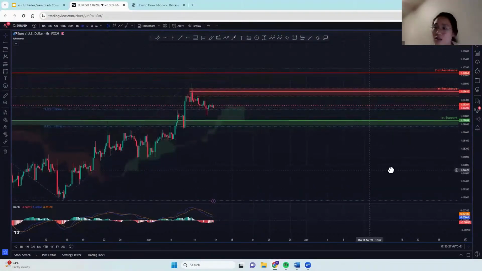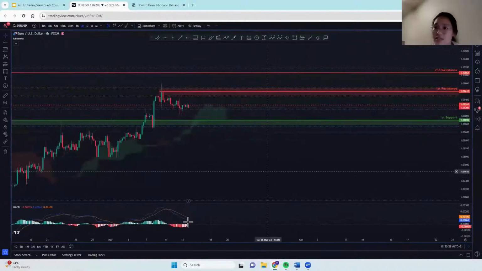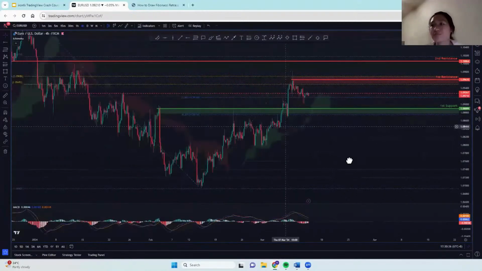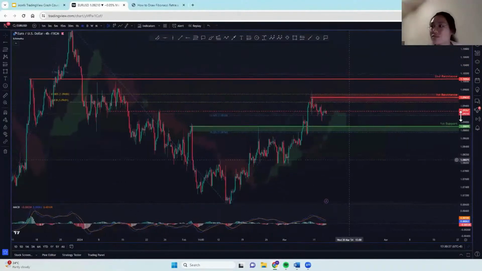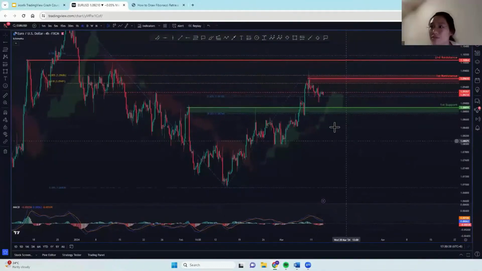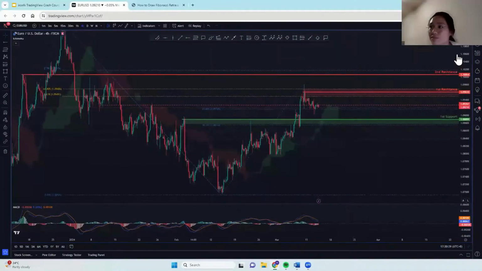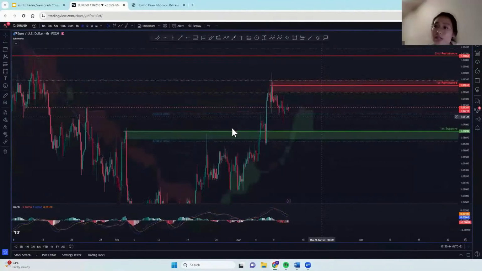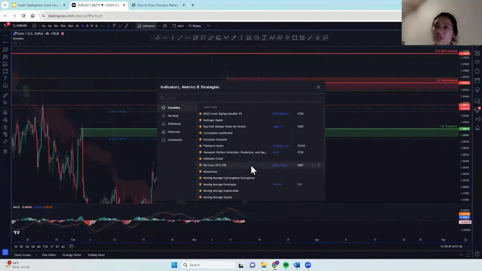On our MACD, it's giving us a bearish signal, but on our Ichimoku, it's giving us a bullish signal here. So when this happens, that's the reason why you want to make sure that you know how to use a few indicators.